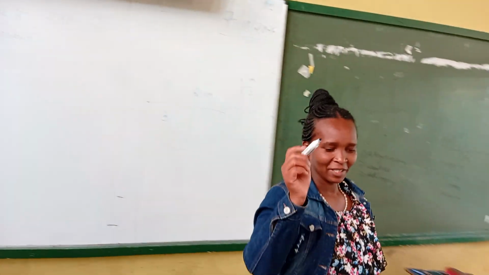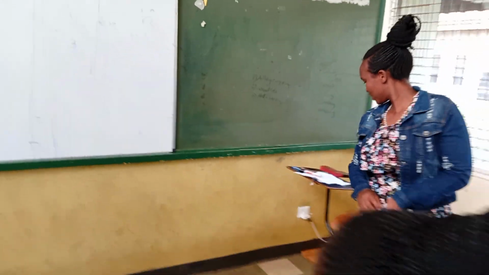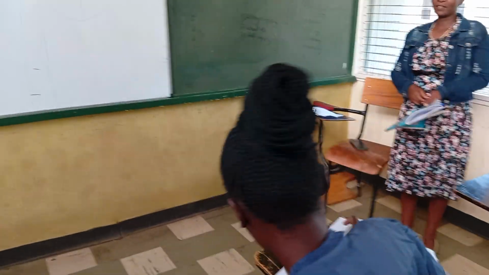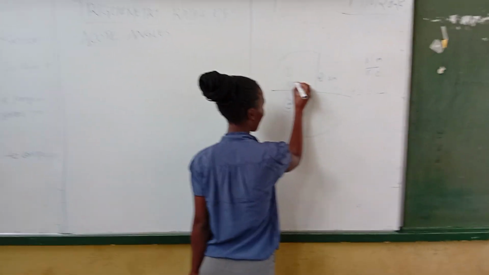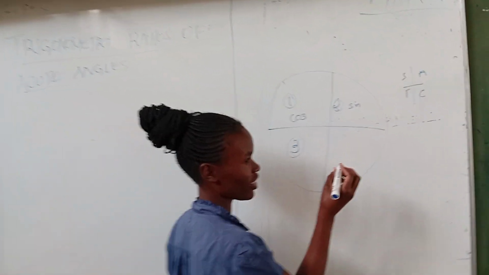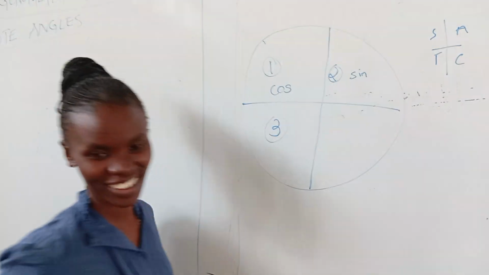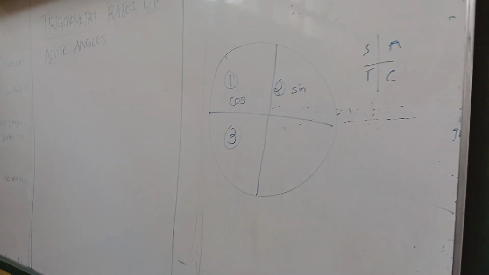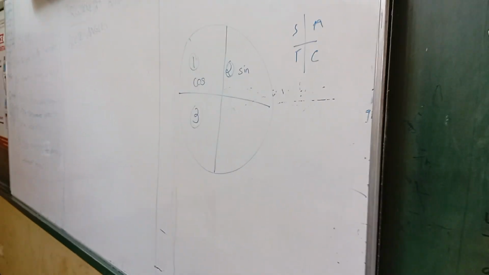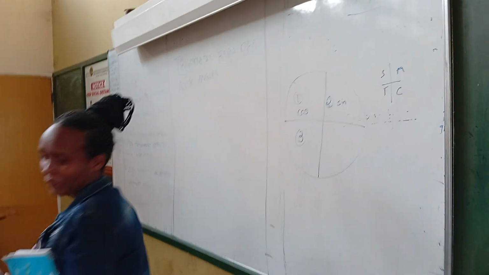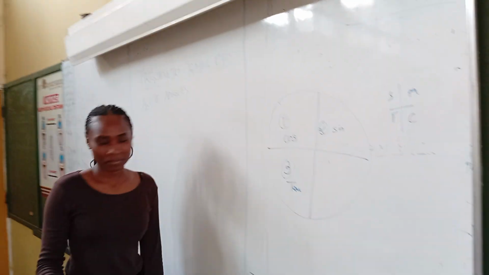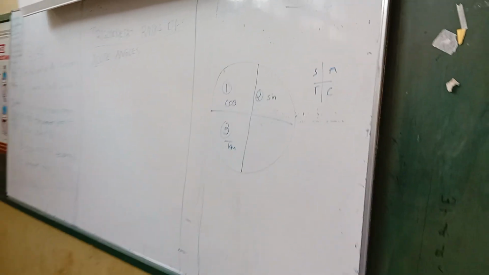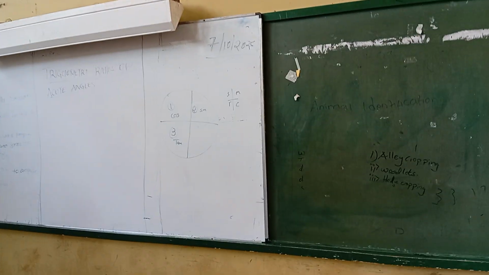Number 2, Wendy. Somebody else, number 3. Correct. So the examples of trigonometry ratios are cos, sine, and tan.